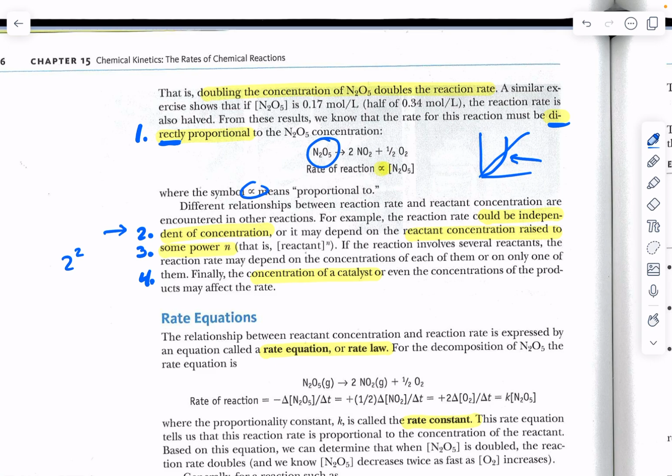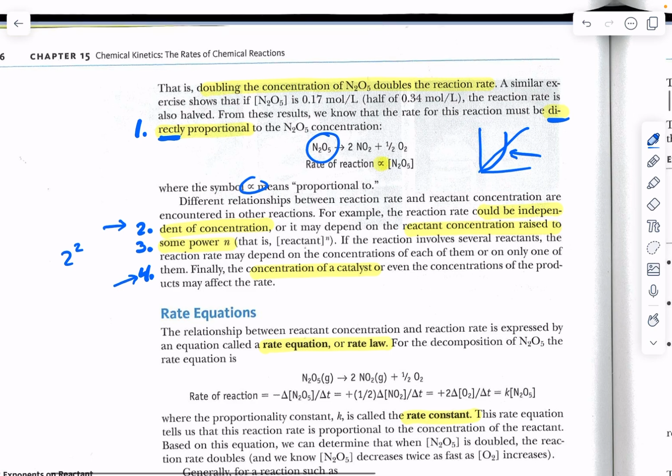Now, it is possible to get higher orders of magnitude in the exponent than a 2, but very, very unusual. And then finally, we have to keep in mind the interesting fact that sometimes the concentration of the catalyst can affect the rate of the reaction, even though the catalyst is not actually used up during the course of the reaction.